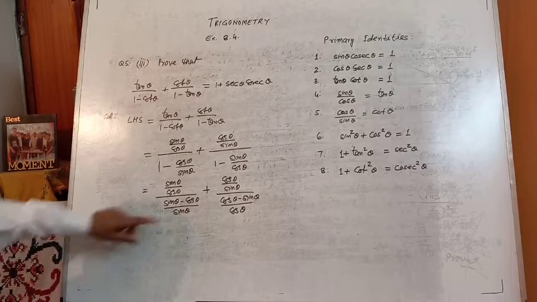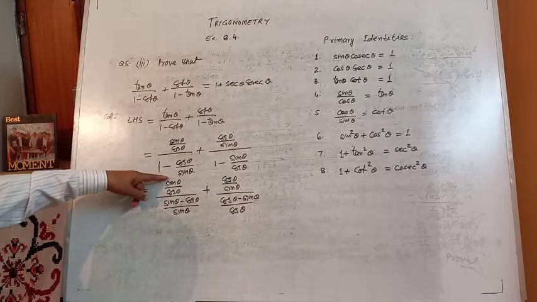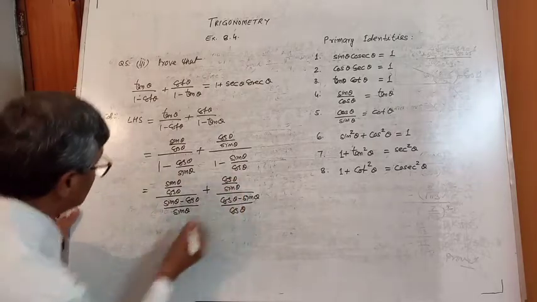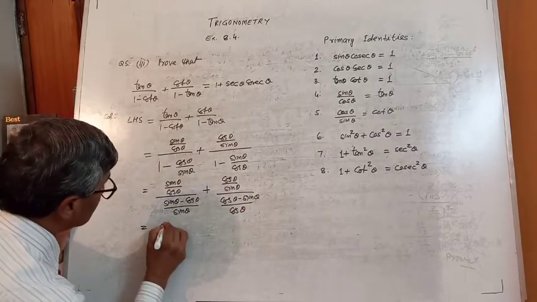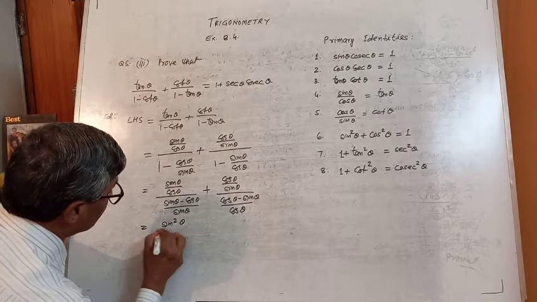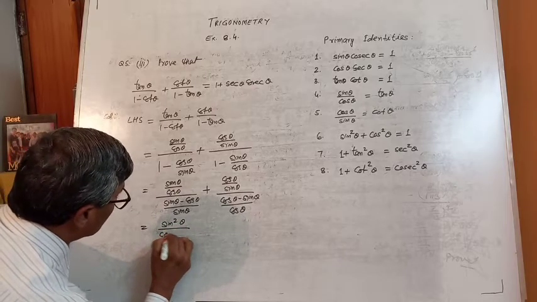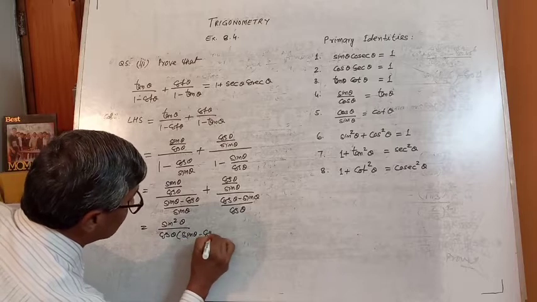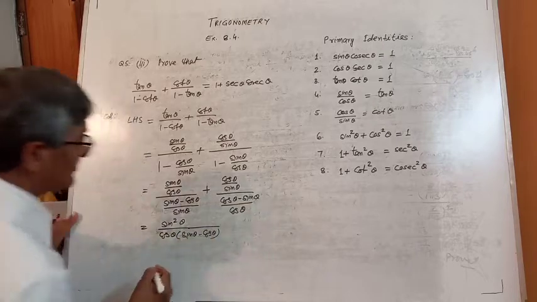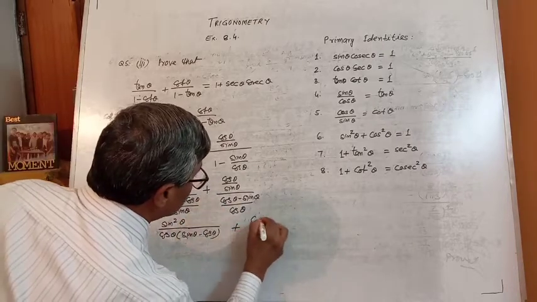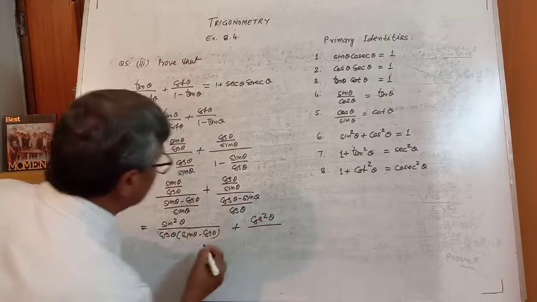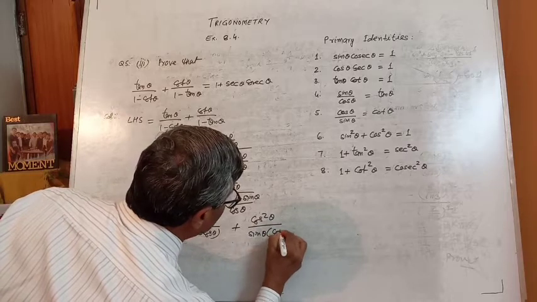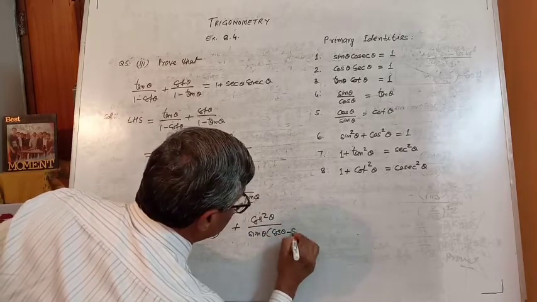Same way this side. So we are getting sin square theta divided by cos theta and sin theta minus cos theta, plus cos square theta divided by sin theta and cos theta minus sin theta.